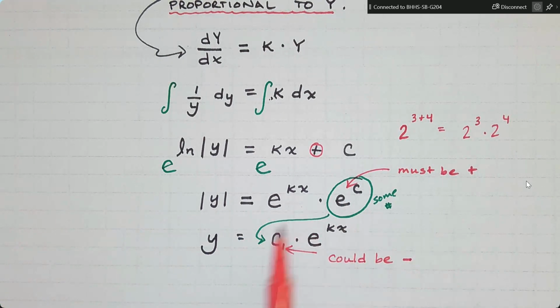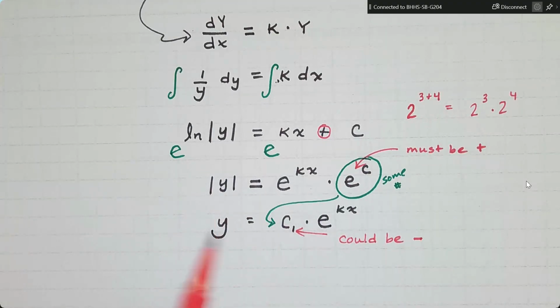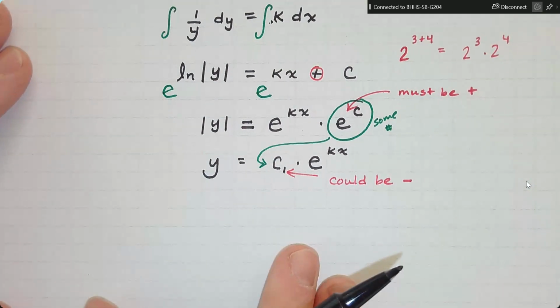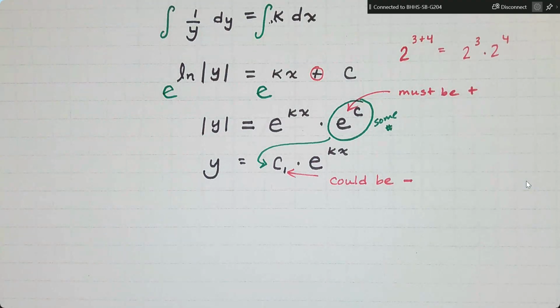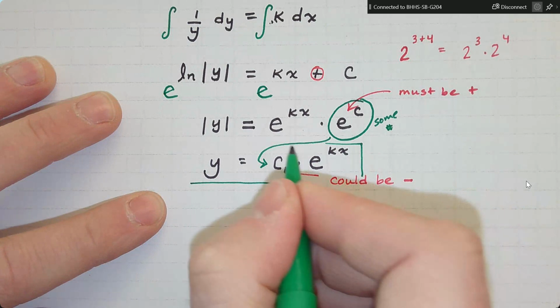So at the point where you change this to c1, that's when you can drop the absolute value, because now we could have some negativity going on here. Okay, so on that note, ladies and gentlemen, look at what we have. We have our exponential function.